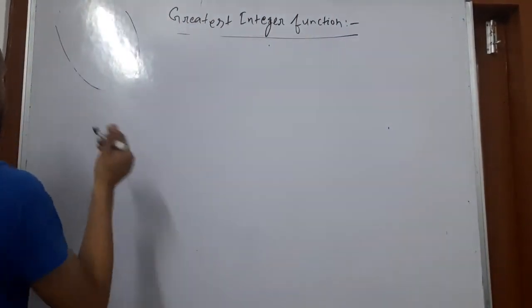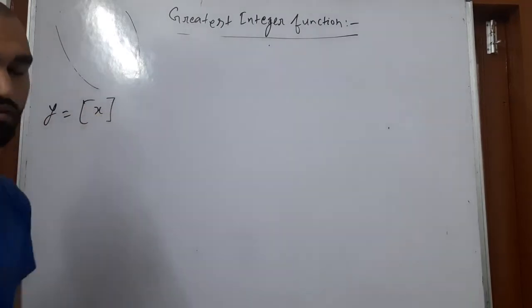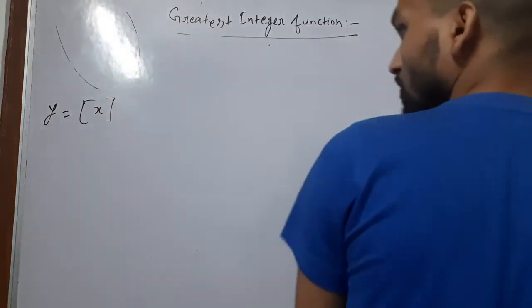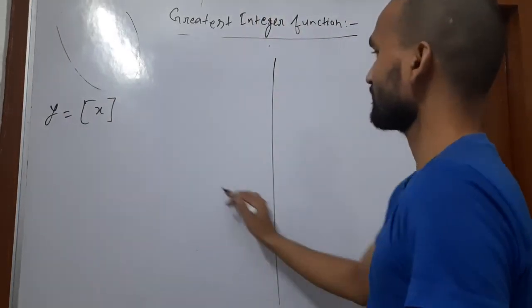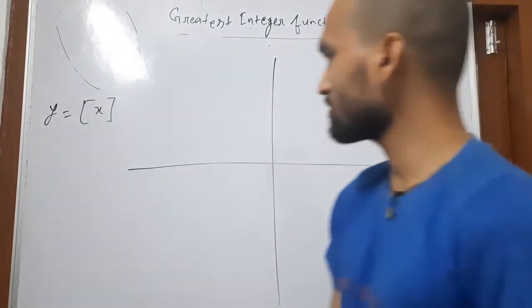So our function is y equal to greatest integer x. Now how is the graph of the greatest integer function drawn? We should observe some values.